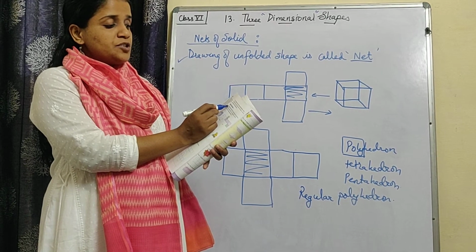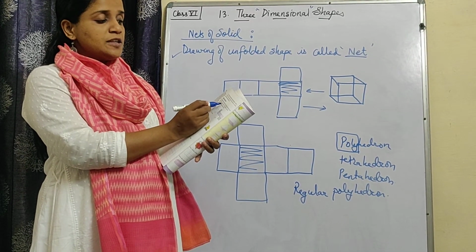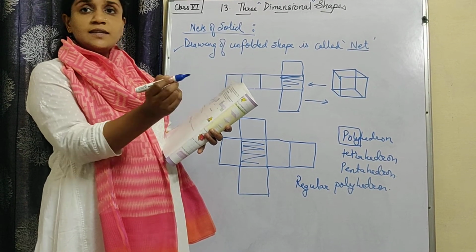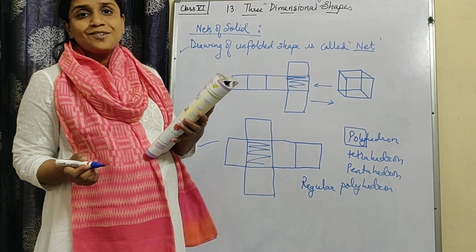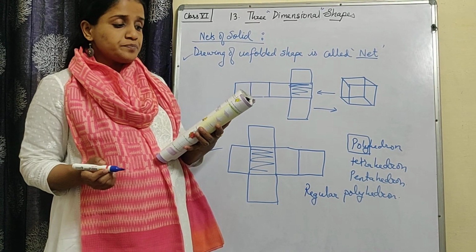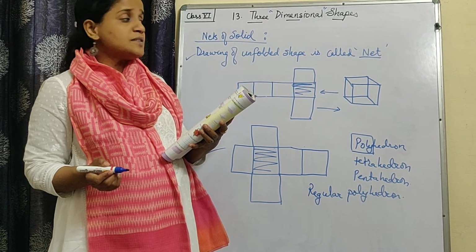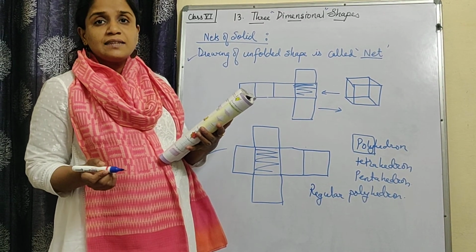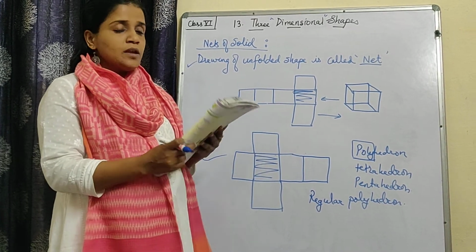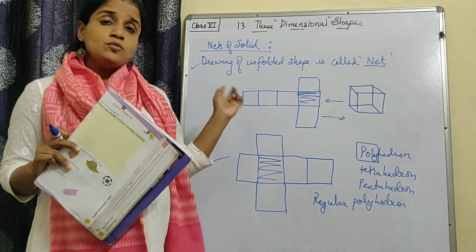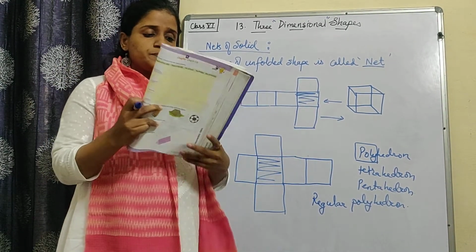Mark this definition: a regular polyhedron has all its polygonal surfaces identical in shape and size. Example is cube. A cube is a regular hexahedron. Now what is a hexahedron? When you say hexahedron, it means how many sides? 6 sides. So you will make this diagram of the cube also. I'll send you the screenshots.